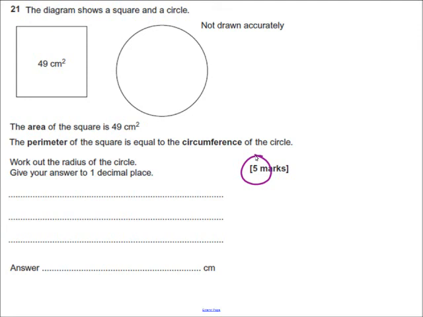If we have a square of 49 centimetres squared, just like we did with Pythagoras, how do you work out the length of the side? Well, the reason they've given you 49 is because it's easy to identify it as a square number. It's the result of 7 times 7. So the length of each of our sides on a square has to be 7 centimetres to create the area of 49 centimetres squared.